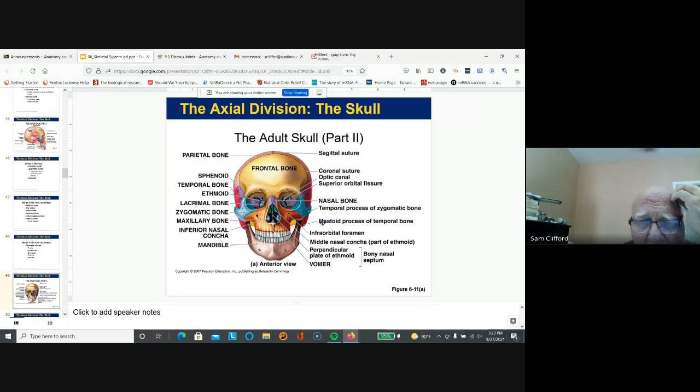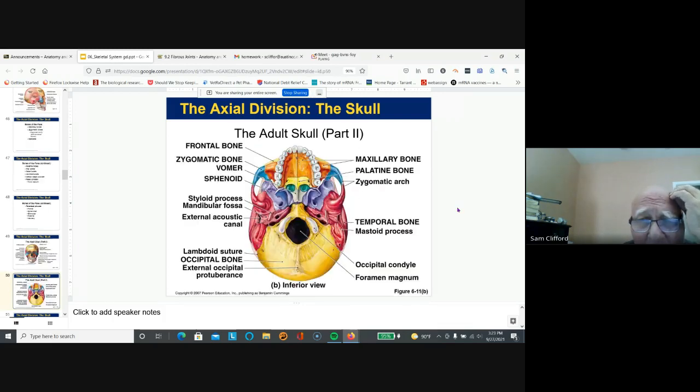In the nasal cavity, there'll be these bones that allow air to swirl and be warmed when you take a breath of air through your nose. Okay, so you'll know most of these bones.